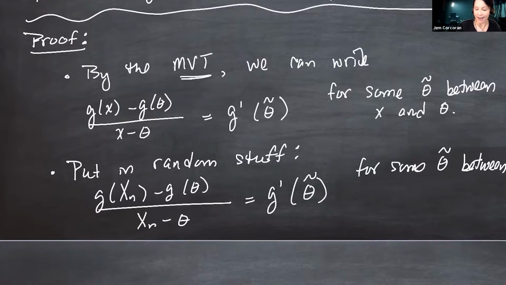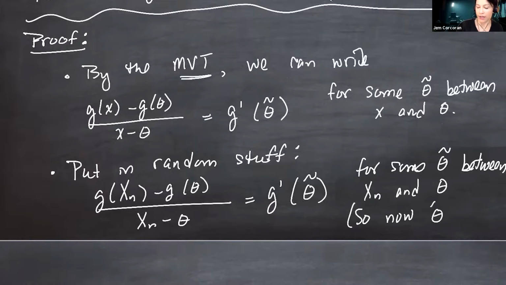Because Xn is random, this theta tilde is also going to be random because the Xn can move and the theta tilde has to be between Xn and theta. So theta tilde is random because it's just something that we have to be able to find in that interval, and one of the endpoints of the interval is random.